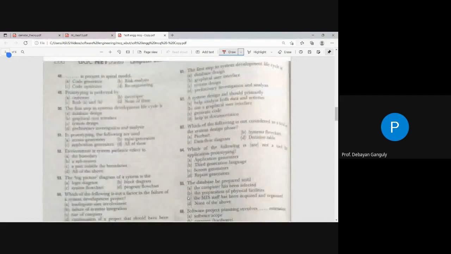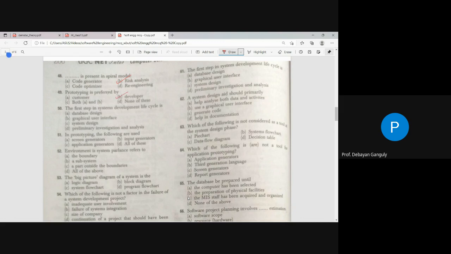And this is present in the spiral model. Our key questions, that is the important questions. So risk analysis. Prototyping is preferred by, you can say, the developer. It will start from the coding.